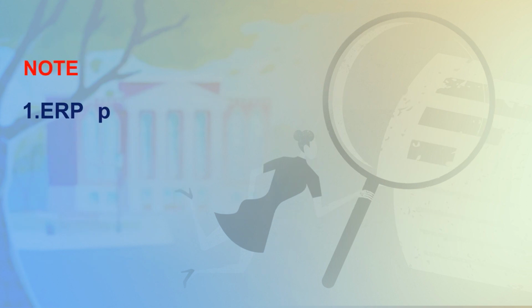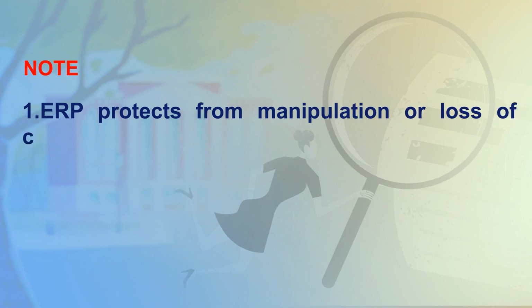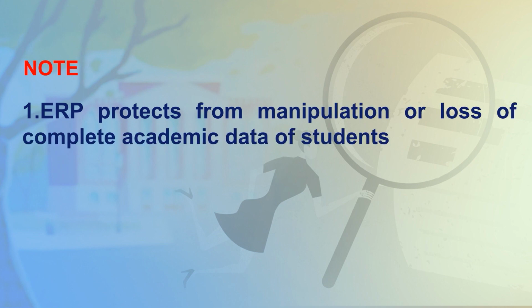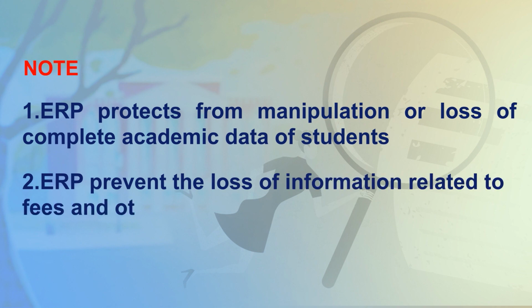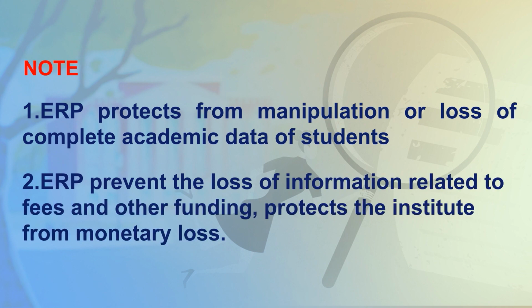We can note that ERP protects from manipulations or loss of complete academic data of students. Number 2, ERP prevents the loss of information related to fees and other funding, then protects the institute from any monetary loss.